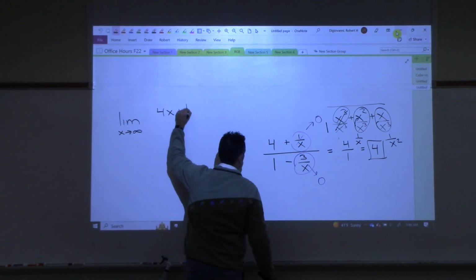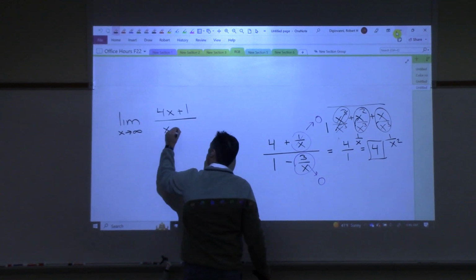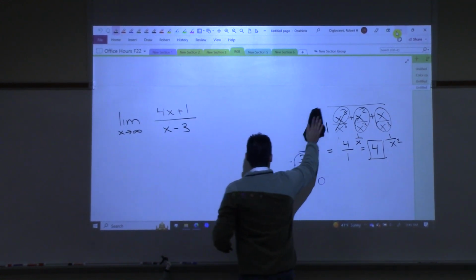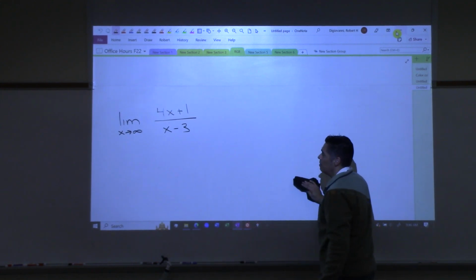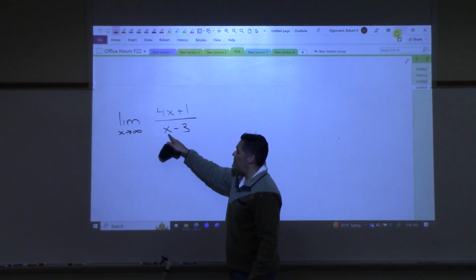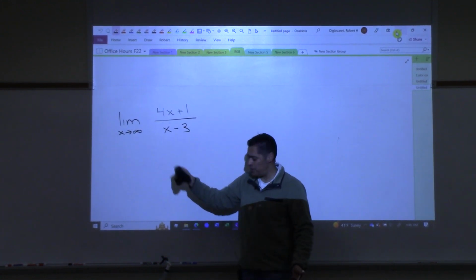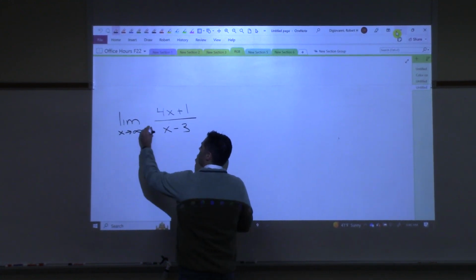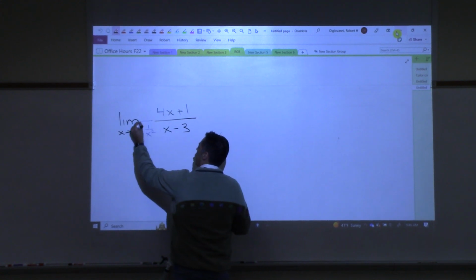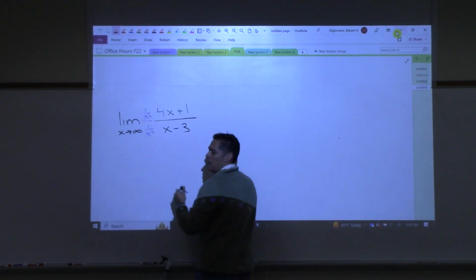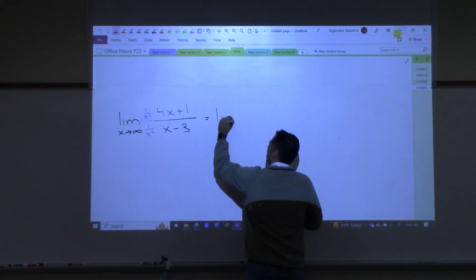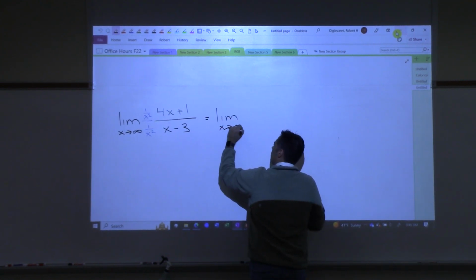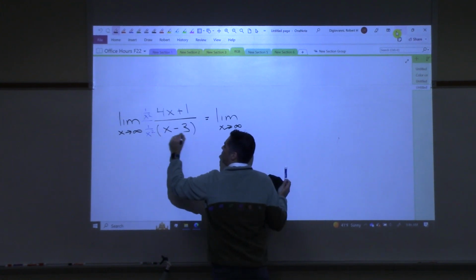4x plus 1 over, what was it, x minus 3? So let's say, just for the sake of demonstration, that instead of doing the highest power of x down here and getting rid of it, you decided to do 1 over x squared instead, out front and top and bottom. Okay, let's just say you did that. Then let's distribute through here.